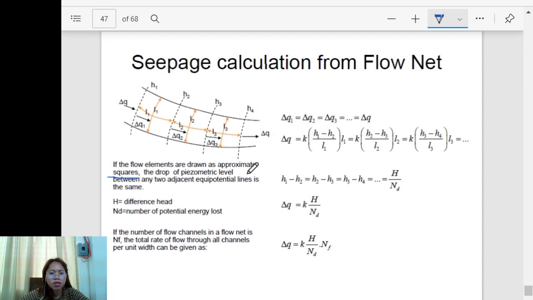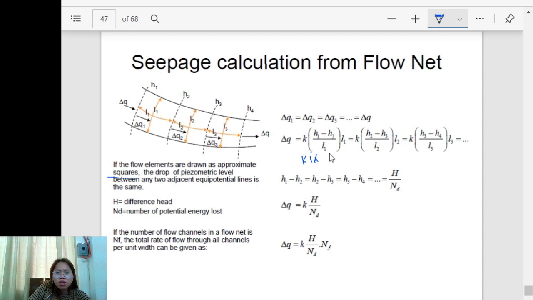Approximately square, no? So using the Darcy's law, this is k i a, and i is delta H over L. But since this is a square, L is the path of the water, and L is also the perpendicular distance, that is L1.